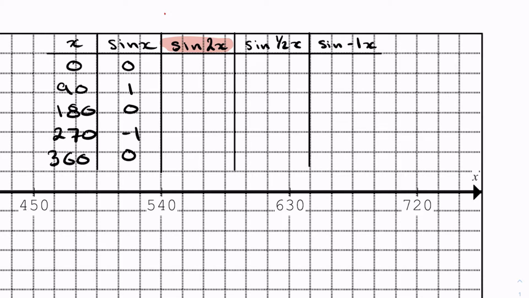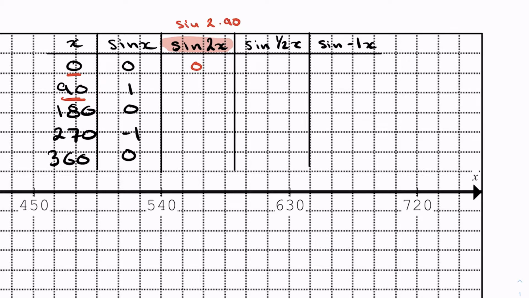Since I'm in red, I will use my red pencil. If I do 0, I have sine of 2 times 0. Well, that's going to be sine of 0, which will just be 0. So my first value is 0. If I replace that with 90, I get sine of 2 times 90. Again, I'm just using the second value here.